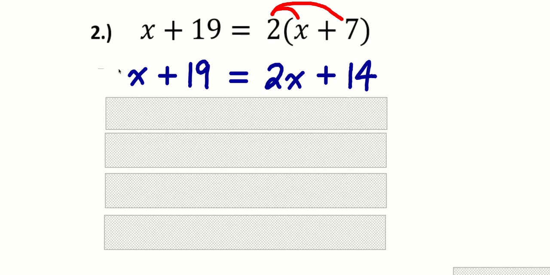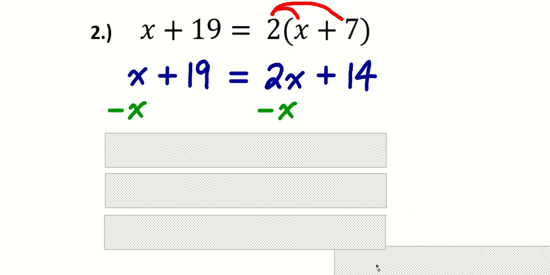Now we can move on to what? Like, what do you think is next? Are there any like terms that are already on the same side? No. But we do have an x over on the left side and a 2x over on the right. So my next step is to do that.